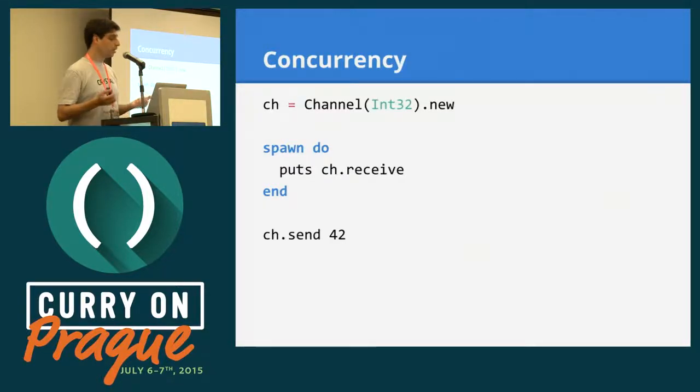We also use this notion of channels from Go that you can use to communicate and synchronize fibers. So in this example, we create a channel that sends and receives integers, and the fiber will be waiting for a message to come through the channel.